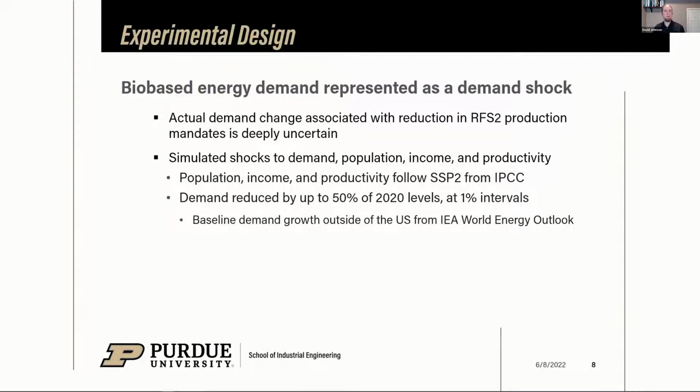And we introduced shocks to the bio-based energy demand as an exogenous shock in the Simple G model. Of course, the actual demand change that would be associated with a change in the RFS2 production mandates is deeply uncertain. There have been a number of estimates in the literature that vary pretty widely in terms of their assertions or estimates about how much demand would be reduced if the RFS2 policy was repealed.